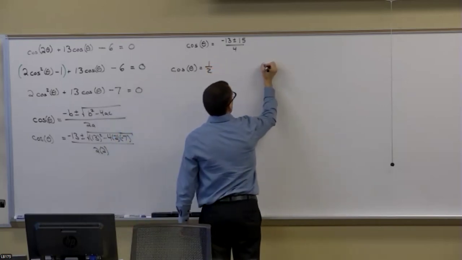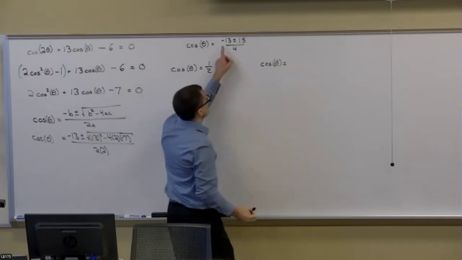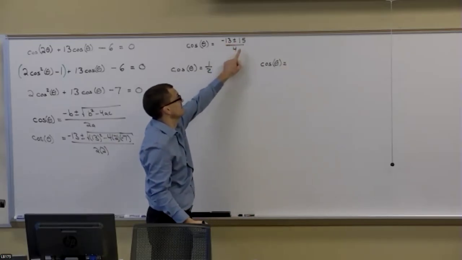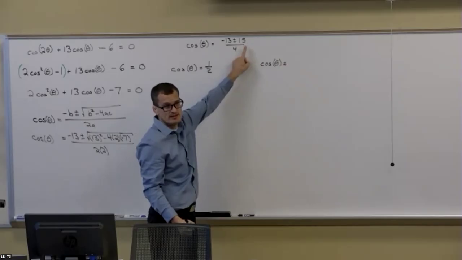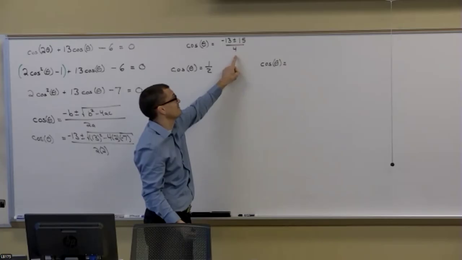The other equation is cosine of theta, now let's subtract. -13 minus 15 is -28. Divide that by 4, you get -7.